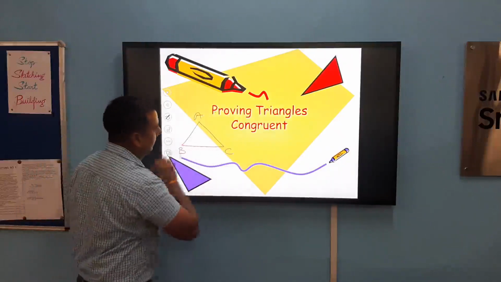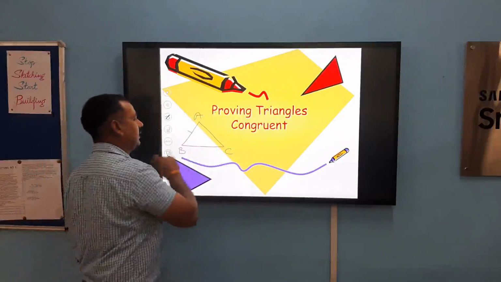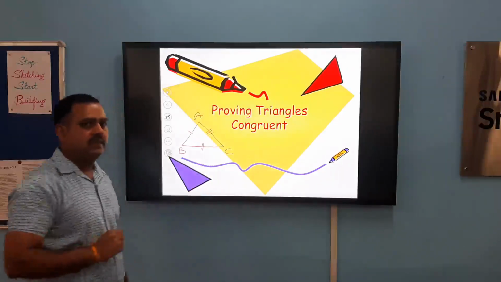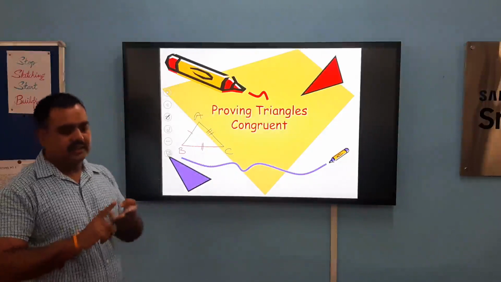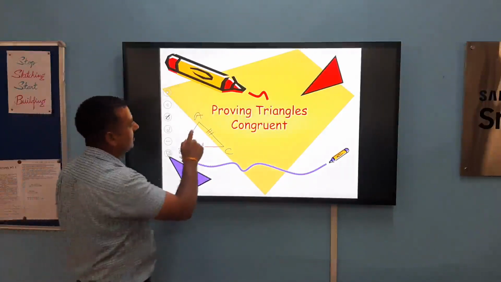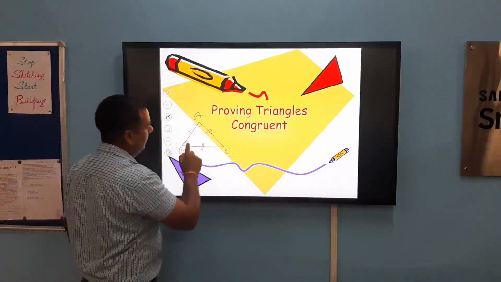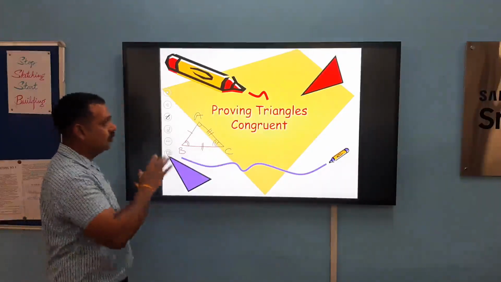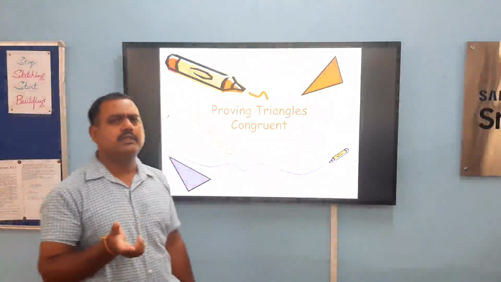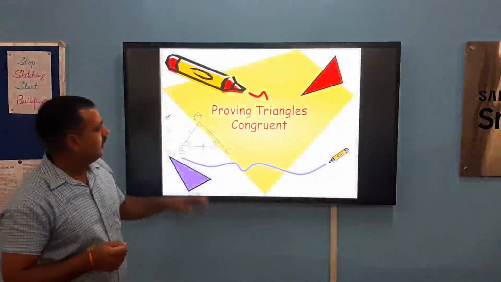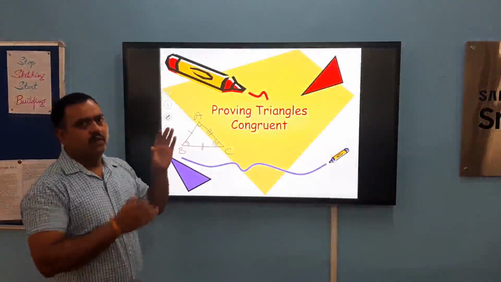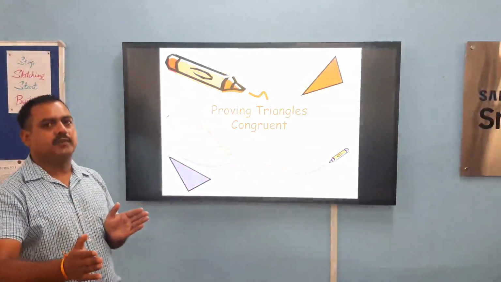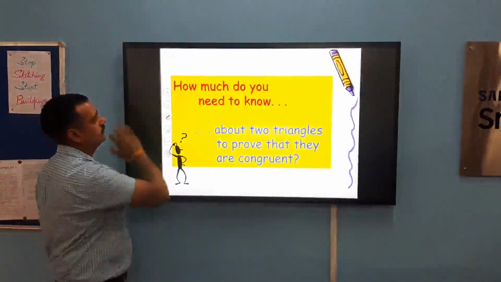Let us take a triangle ABC, in which one side is AB, one side is BC and the third side is AC. Every triangle has 3 sides and 3 angles: angle A, angle B and angle C. So to prove two triangles congruent to each other, we have to prove these parts of one triangle equal to the corresponding parts of the other triangle.